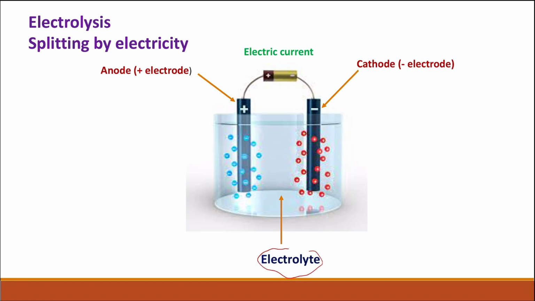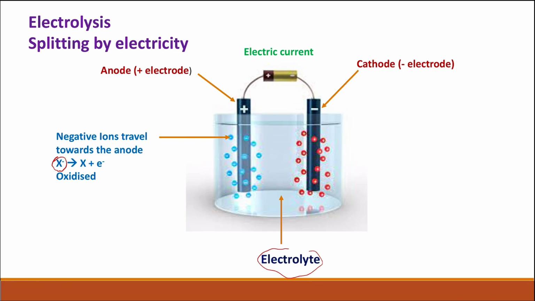So what's going to happen? We have positive and negative ions in the solution or in the molten solid. First, the negative ions will travel towards the anode, and as they travel toward the anode, they are going to lose their electrons and will be oxidized. If you have whatever negative ion, we represent this by X minus.